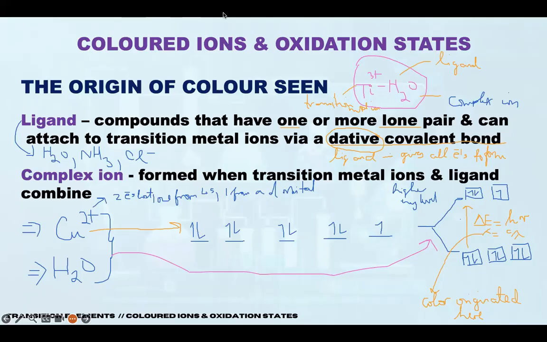So this is really the key takeaway point from this slide, and I want you guys to be sure that you grasp it, right? So that's pretty much that. And so what you will find is that different ligands, like in this particular case it was water, caused this splitting. Water came close to the copper to give it its lone pair of electrons.